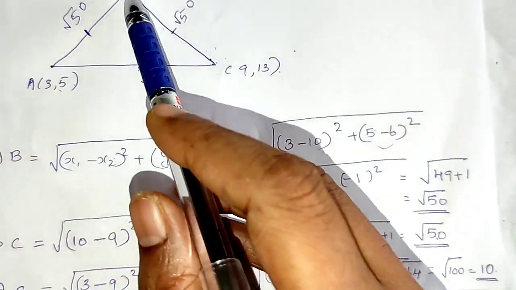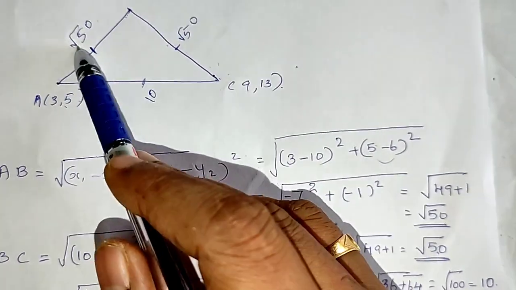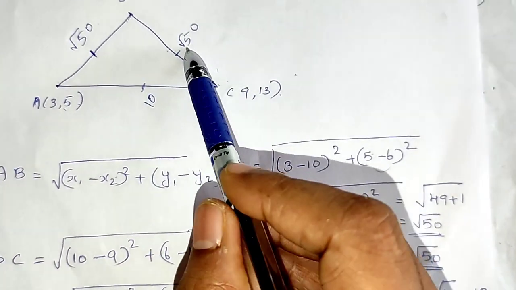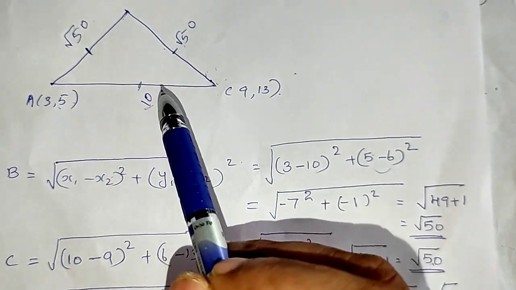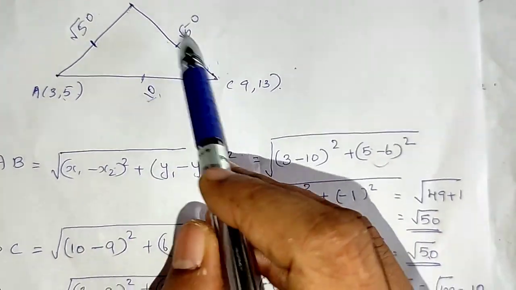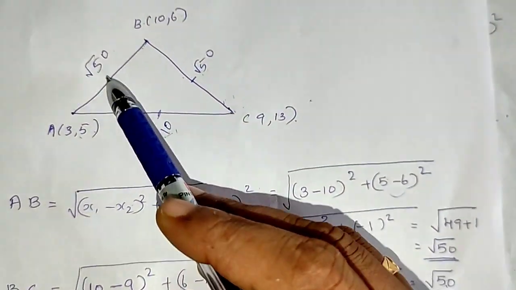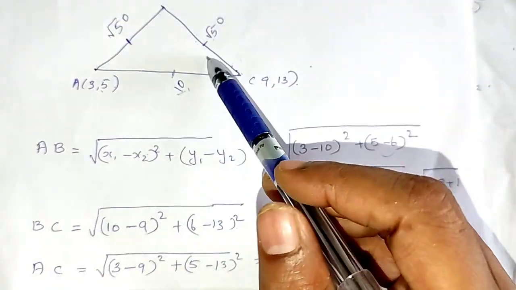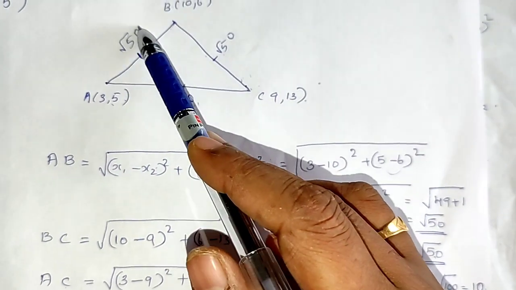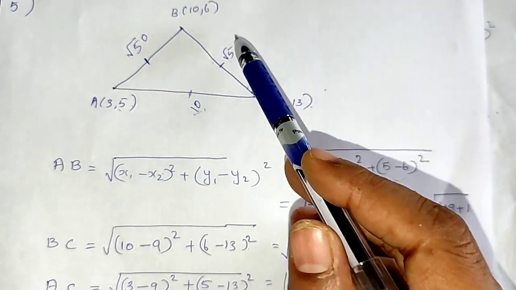See, here you can see this side is equal to root 50, this one is equal to root 50 and this is equal to 10. Then what if we consider this root 50 square plus this root 50 square?